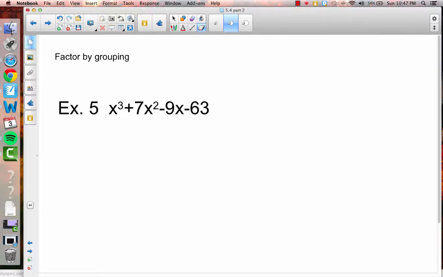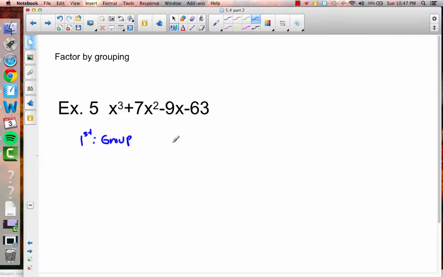So looking at this example here, if we're going to factor by grouping, your first step is to group. Typically you're going to want to group the first 2 together and the second 2 together. So I'm going to rewrite this with a bunch of parentheses.